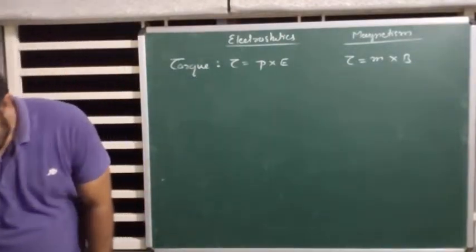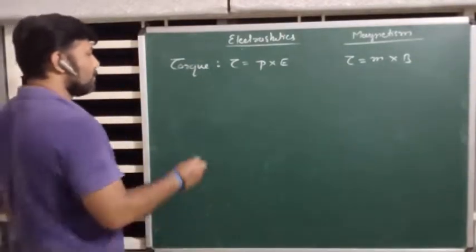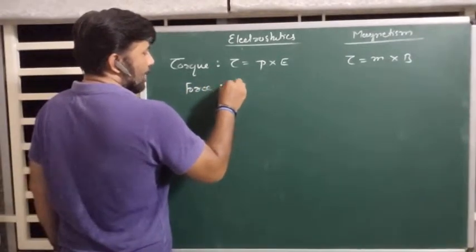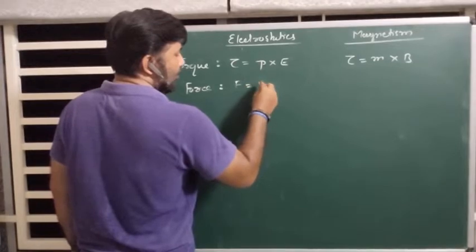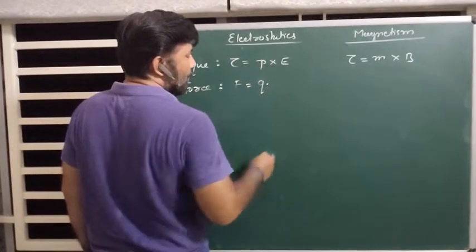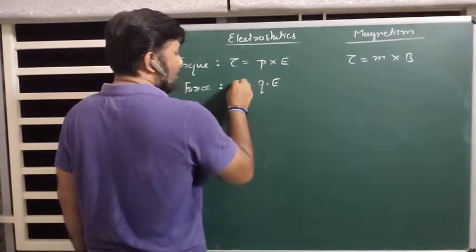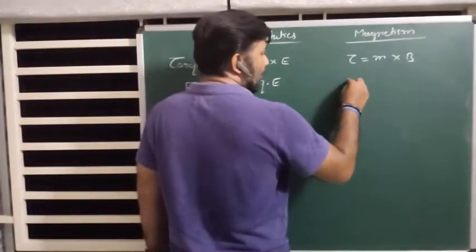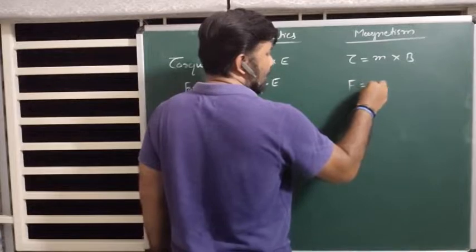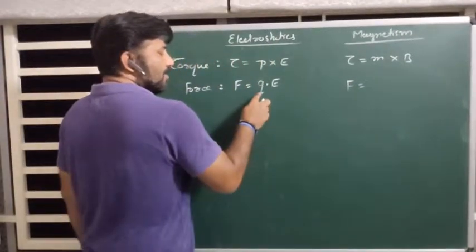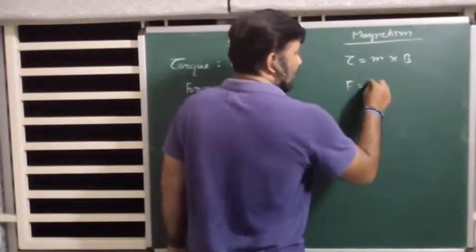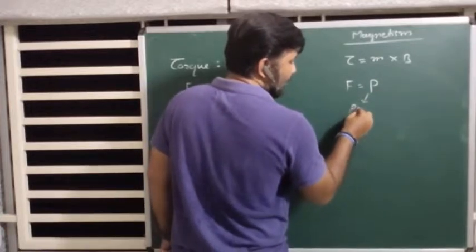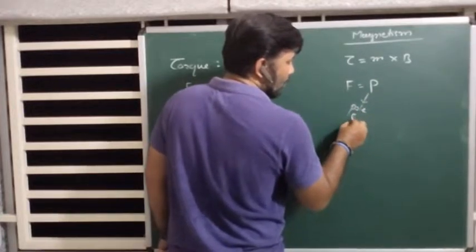Then what about force? Force F is equal to q multiplied by E. So it is electric force, but when we go to magnetism, it is magnetic force, and instead of q, p. What is p? p is nothing but pole strength.